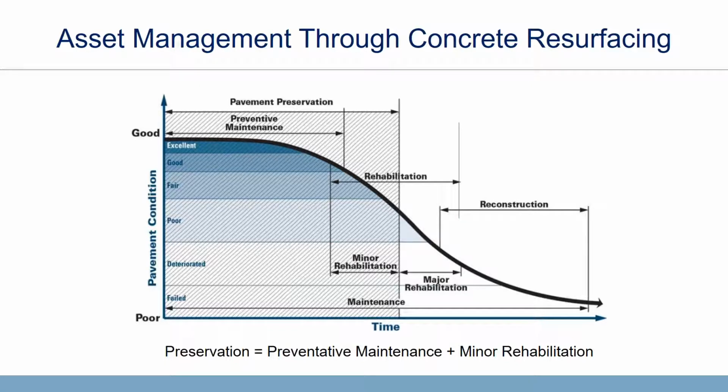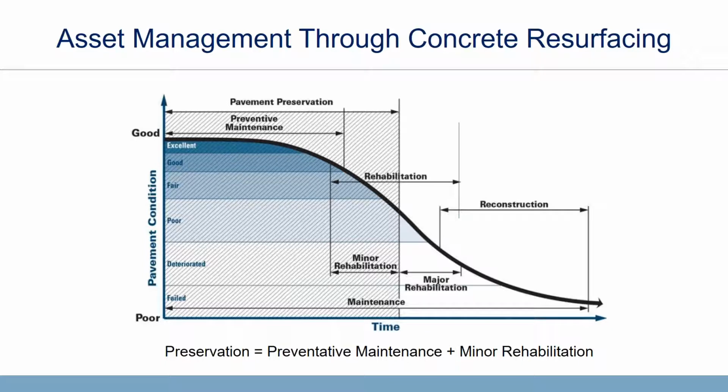Over the last decade, the Federal Highway Administration has been a strong advocate of the concept of cost-effectively preserving the country's roadways. And that's part of the challenge that we all face today as we look at how we're going to take care of our pavements in the future.